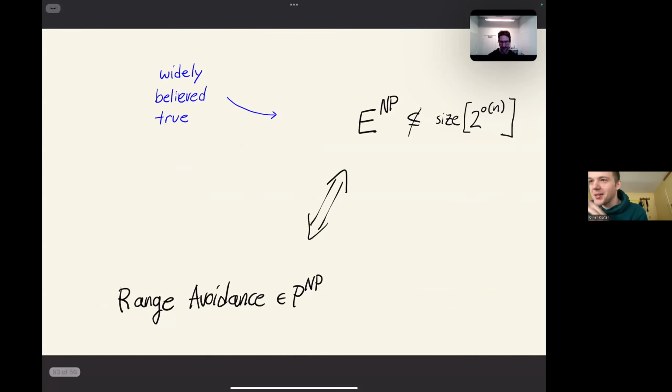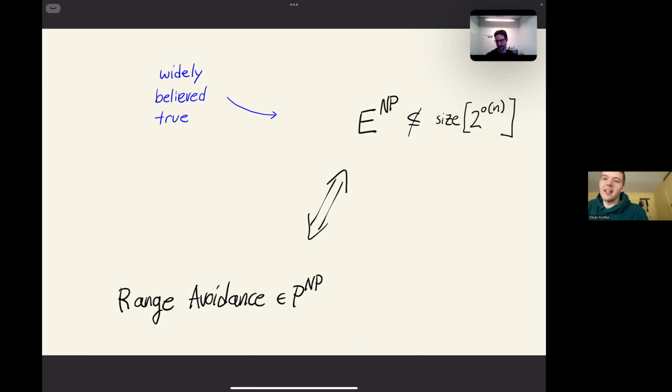So something to note now that I've gotten to this point is that the statement that this class requires large circuits is very widely believed to be true. It's implied in particular if you believe that some NP-complete problem requires 2^(Ω(n)) size circuits to solve. And I think people really strongly believe that sort of thing.